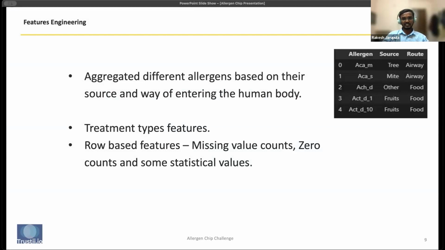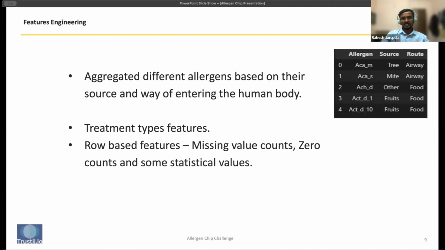Speaking about the feature engineering, I aggregated different proteins based on their source, I mean how they are available in the environment and how they enter the human body. Based on that, I aggregated different allergen proteins by computing their mean, minimum, and maximum for that source and that route type.